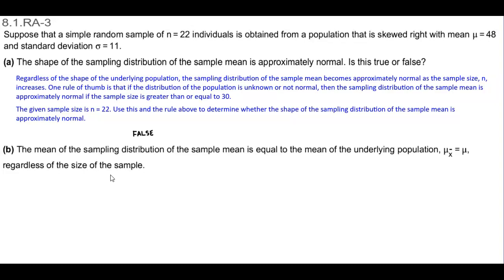Well, if we know that the population mean is 48, then the mean of the sample mean is also going to equal 48. So there is our answer for Part B.